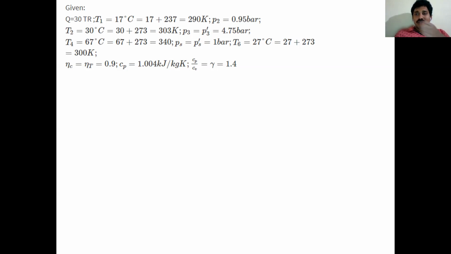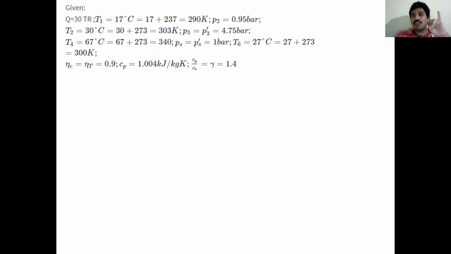Our duty is that first of all we need to calculate all temperatures. Some temperature values were given already. What are they? T1, T2, T4, T6. So four values were given. Still we need to calculate four values. What are they? T3, the theoretical temperature after compression, and T3 dash, the actual temperature after compression. T5, the theoretical temperature after expansion, and T5 dash, the actual temperature after expansion.